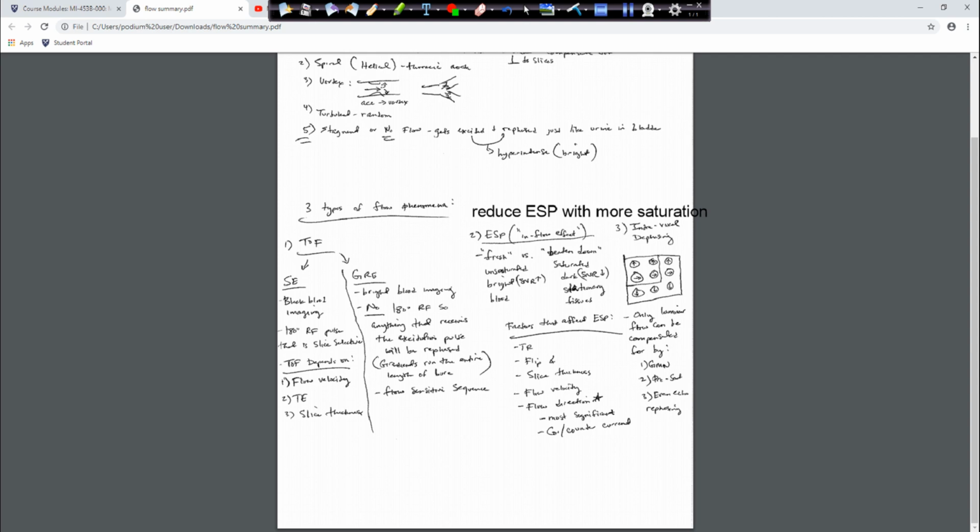So if we have a really short TR, it creates more saturation because we are hitting it with more excitation pulses. If our flip angle is larger, we're getting more saturation.